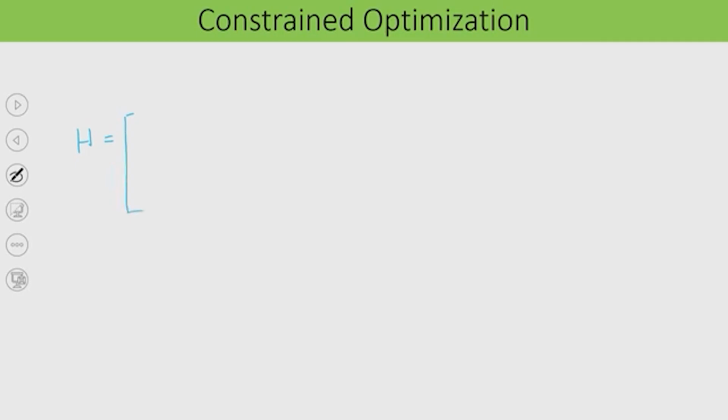In this case the Hessian matrix is 0, 0, minus 1, then 0, minus 4 lambda, minus 4 x 2, minus 1, minus 4 x 2, 0.